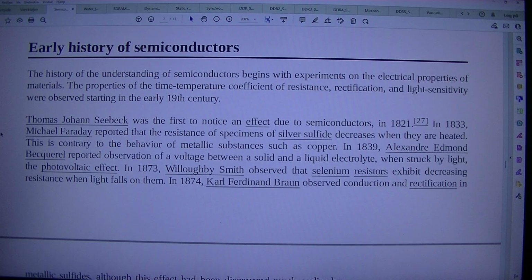In 1839, Alexandre Edmond Becquerel reported observation of a voltage between a solid and a liquid electrolyte when struck by light, the photovoltaic effect. In 1873, Willoughby Smith observed that selenium resistors exhibit decreasing resistance when light falls on them.